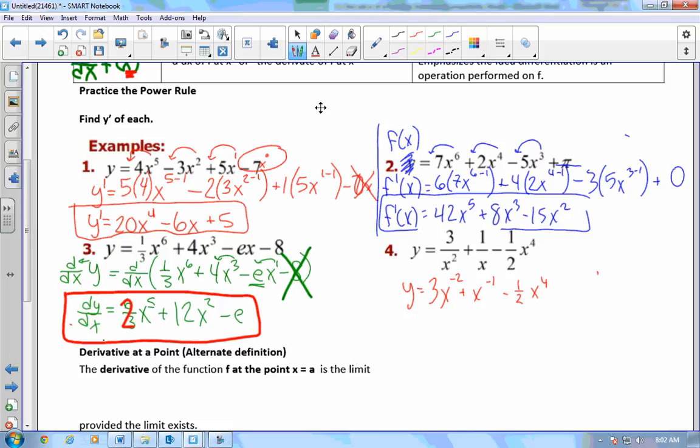That includes y prime or dy dx. Make sure you carry the y prime down in front. And so this would be y prime now. Question?